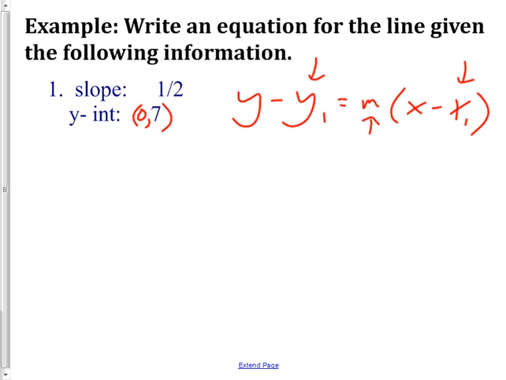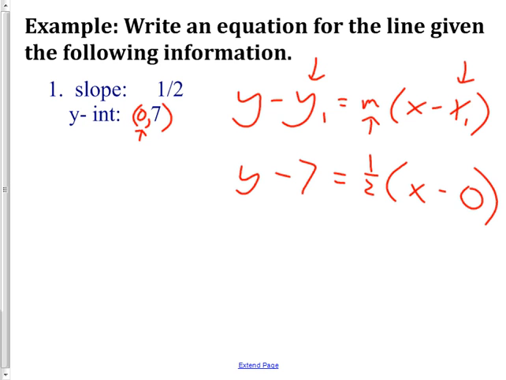That also helps you figure out if it's (7, 0) or (0, 7), right? Now I've got a point and a slope, so I could go y minus the y of it, which is 7, equals the slope, which is 1/2, times x minus the x of it, which is 0.